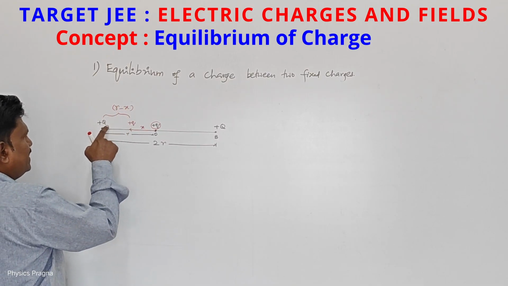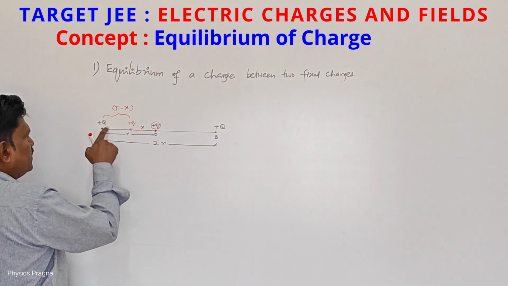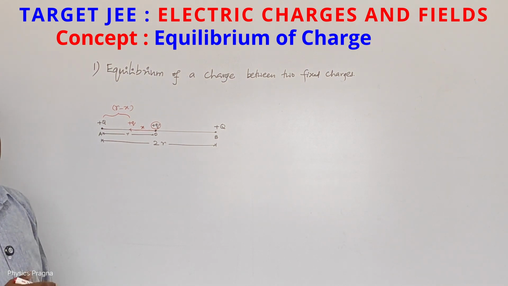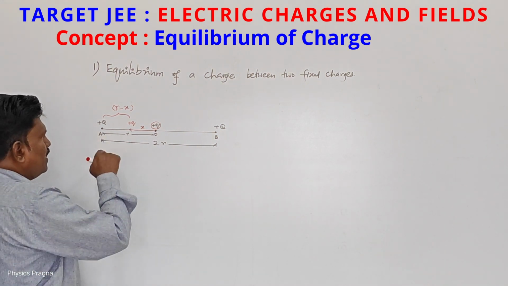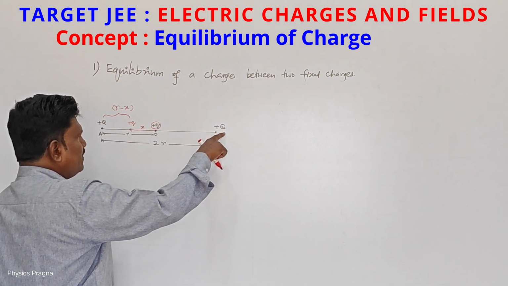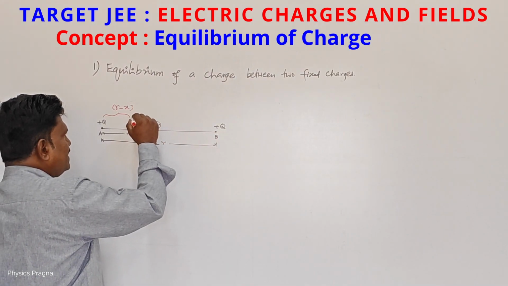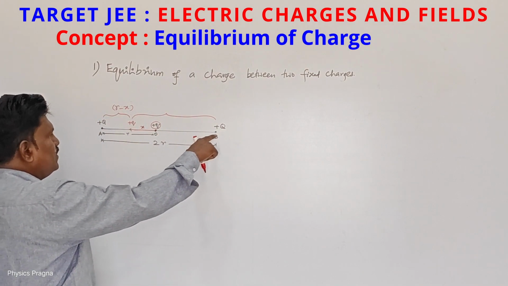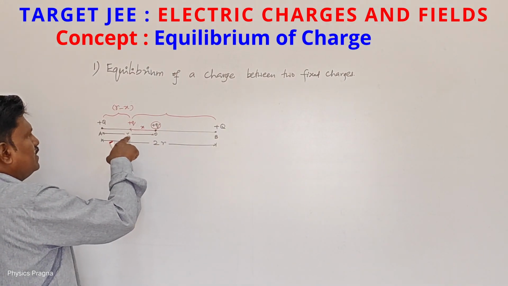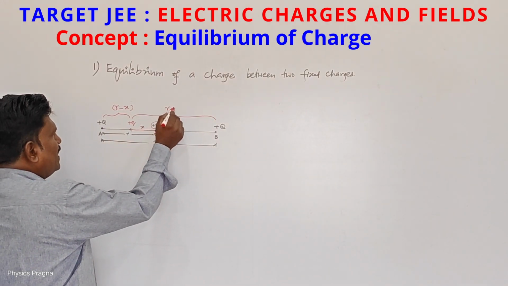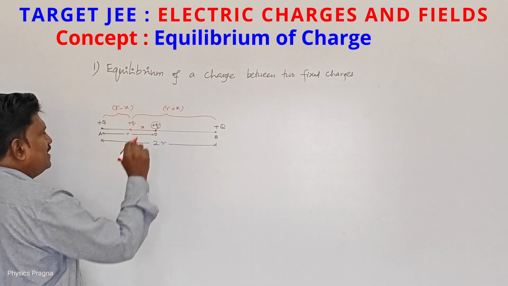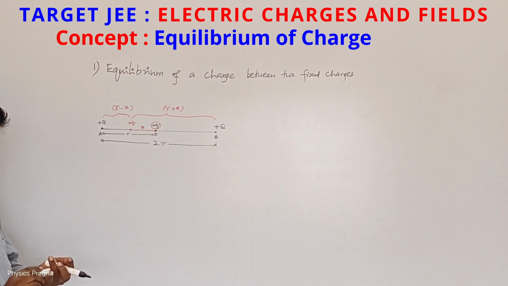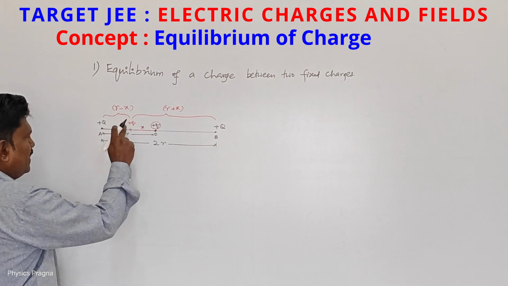That distance is useful to calculate the force between plus Q at A and small q. And the distance from plus Q at B to small q is r plus x. Now we can easily calculate the net force acting on this plus small q.